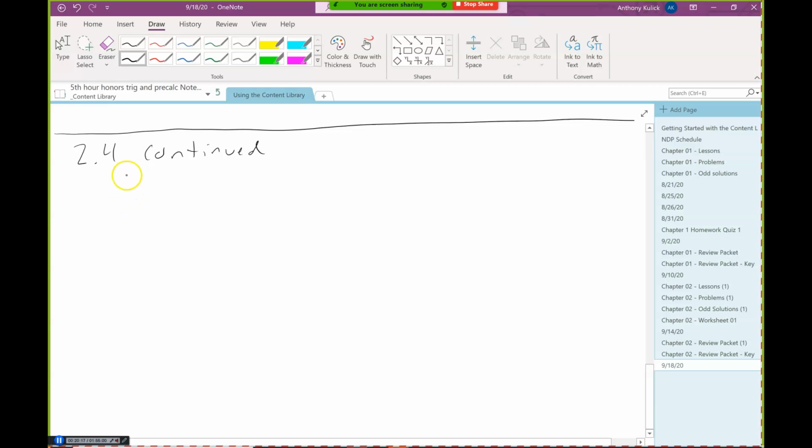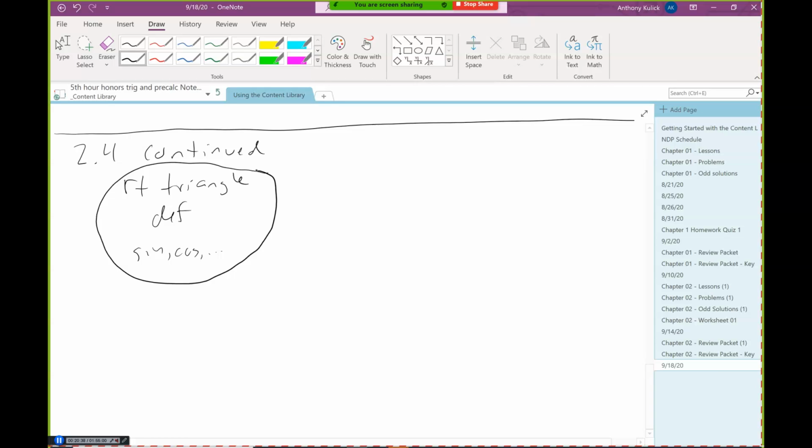We talked about the right triangle definition for sine, cosine, etc. Now that was fine, but it was rather limiting because we can only take sine, cosine, and tangent of angles between 0 and 90 degrees using that definition. And we wanted to extend this so that we can deal with angles of any size we'd like.